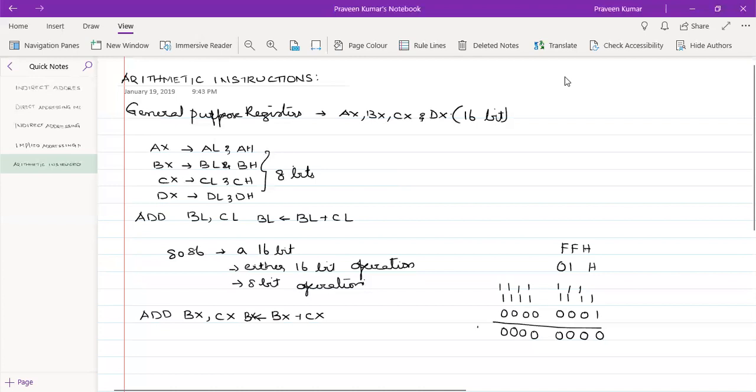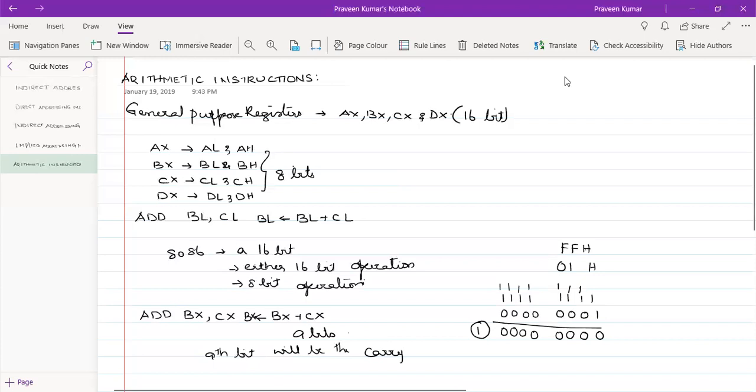If I go on adding, there will be a carry coming out of the most significant bit. So if I add two 8-bit numbers, the maximum size of the result at the most may be 9 bits. The 9th bit will be the carry.